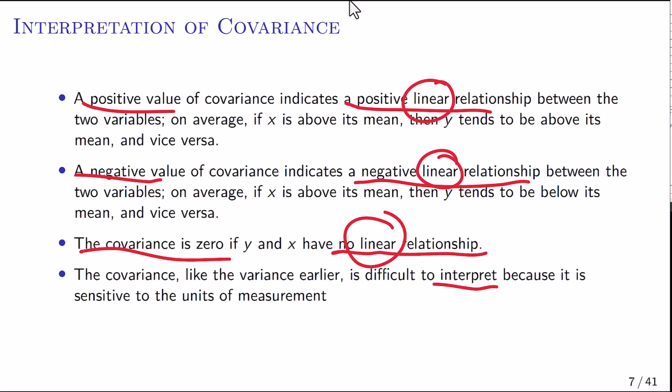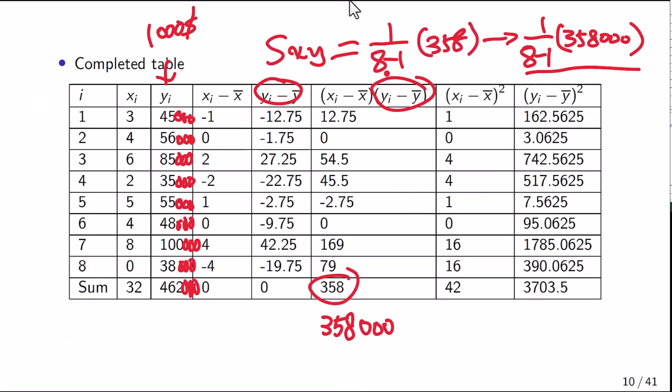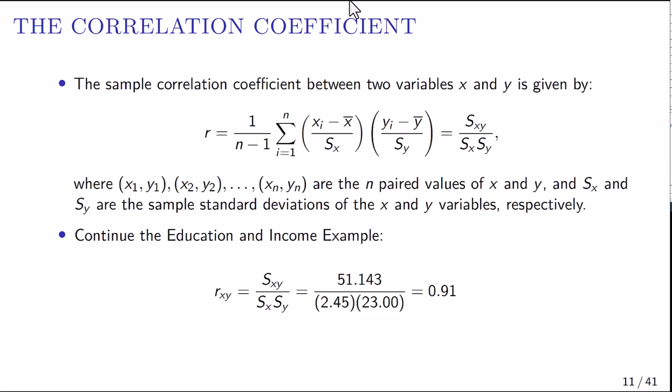We cannot get the strength out of the covariance. Why? Because if this covariance could measure the strength of the relationship, then how could the value change when we change the unit? That's the drawback of the covariance. That's why we need to go a step further to introduce the notion of correlation coefficient.